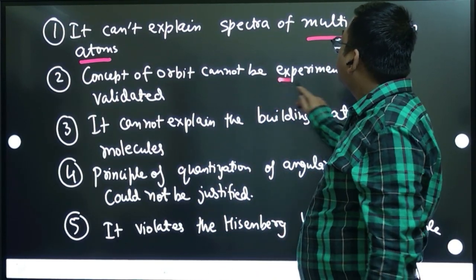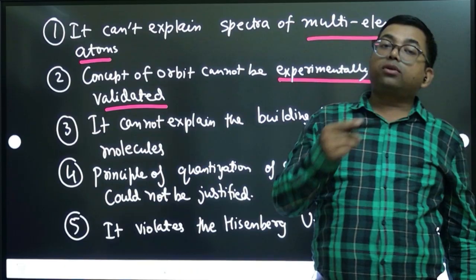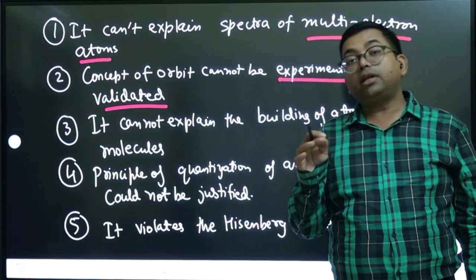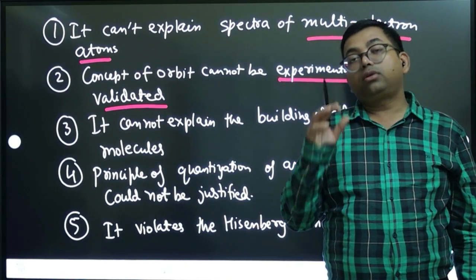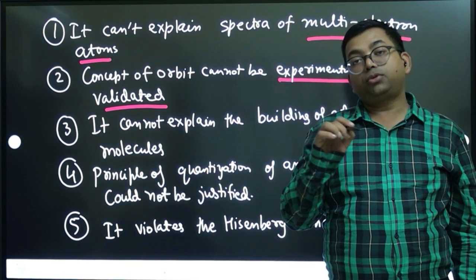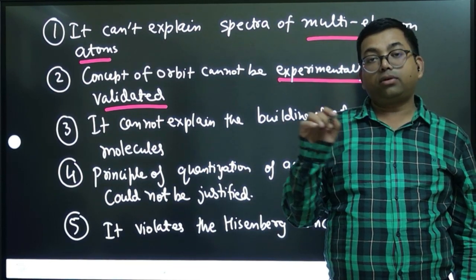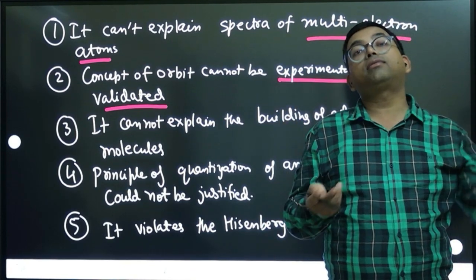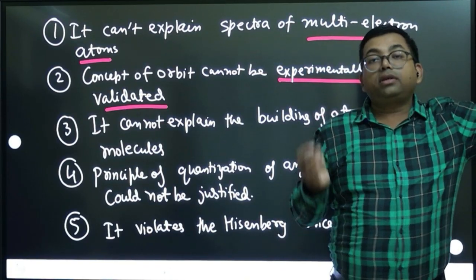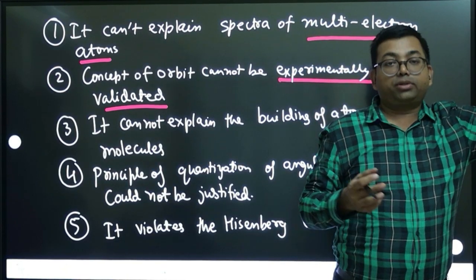The concept of orbit cannot be experimentally validated. If electrons go in a particular orbit, you should be able to see electrons with microscopes or some instruments, and find the position of the electron from the nucleus. We can never find it by any experiment till now, because the electron's position cannot be visualized.